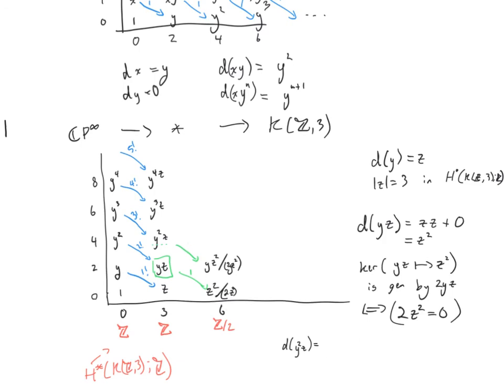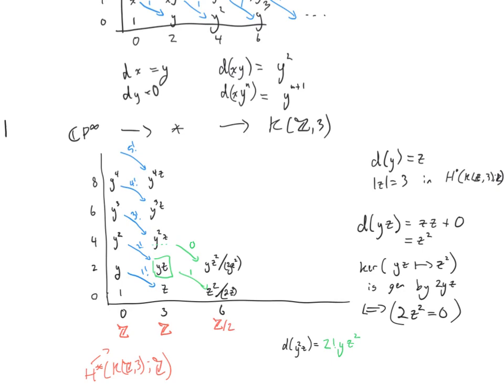So y squared doesn't go to yz, it goes to 2 factorial yz. So I'm getting 2yz squared, which means that this map is 0. Or it hits 0 times yz squared. But I do know that it needs to hit something at some point. But I know it's not going to hit yz squared.